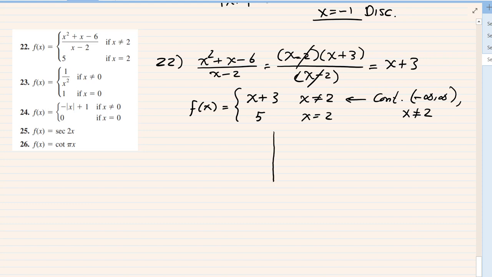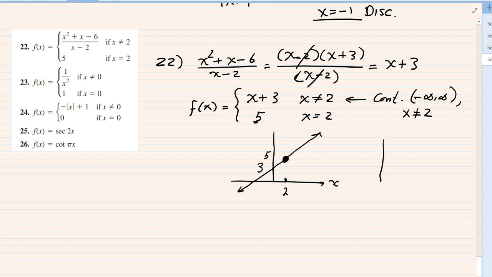In other words, if I graph this function now, here's how this function is going to look. Right, that's the graph, the linear function. At 2, the line is undefined because x cannot equal 2. But then notice the way this function is defined. At 2, the linear function is undefined, but the author has defined at x equal to 2 a point to be 5, so he's actually removing that discontinuity by inserting a point into that missing hole.